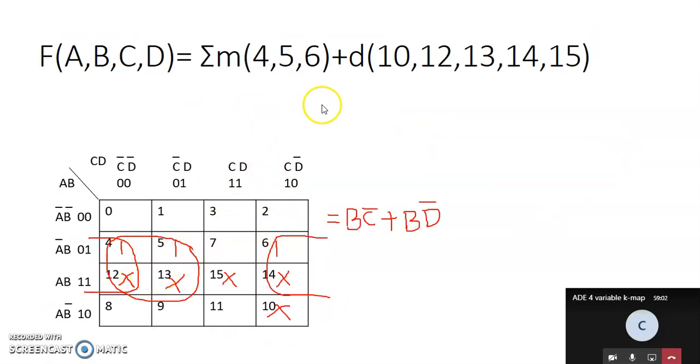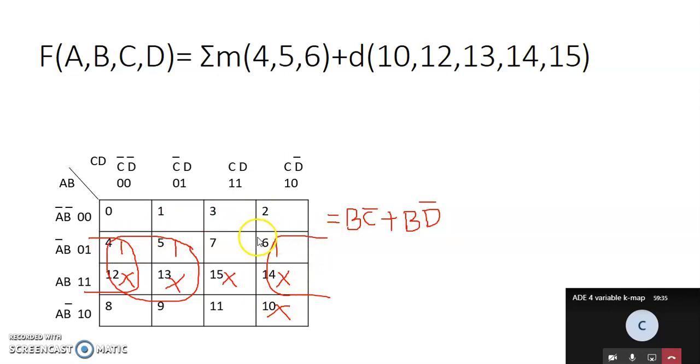In this one, in place of 4, 5, 6, you need to write 1, 4, 5, and 6. It's 1. 10, 12, 13, 14, 15 are don't cares. In order to make one group, I can use this 4, 1 in one group. The result out of this is B. To make another group, I can have a pair, or by folding the map, I can have a quad.